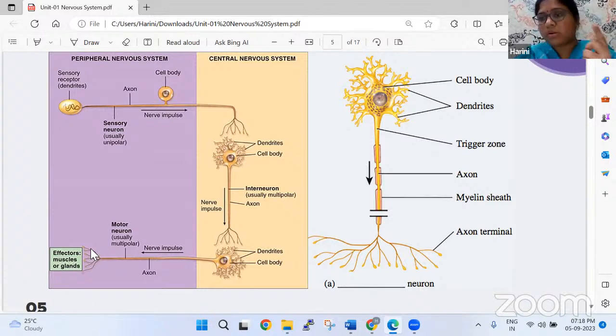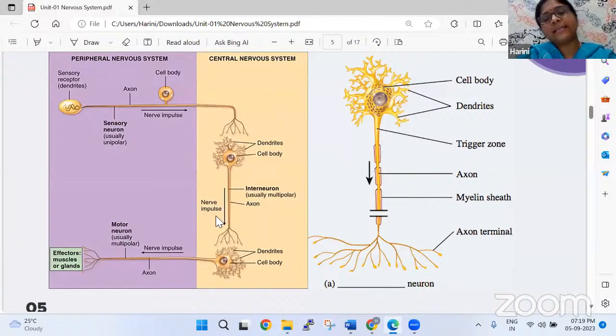It depends upon the action it has to show. So the name of this neuron which carries the information away from the brain is the motor neuron. As you can see here, sensory neurons are usually unipolar, whereas motor neurons and interneurons are usually multipolar.